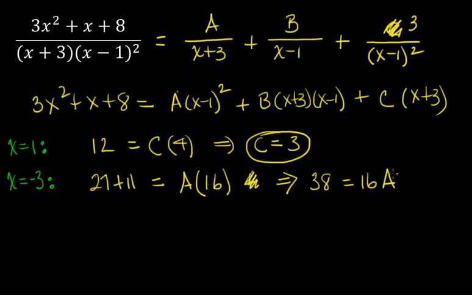Did you catch my mistake? I knew that it didn't turn out to be a fraction here, so I went back and checked, and look, I plugged in negative 3 into this, and I got negative 3, so I have 27 minus 3 plus 8, so this would be plus 5. I'm sorry. Arithmetic error.